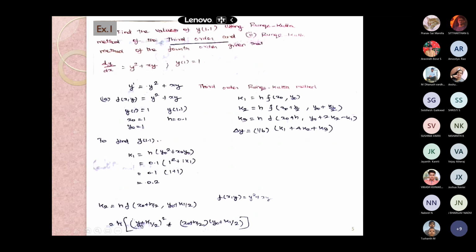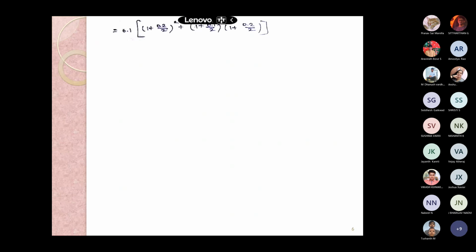Therefore, we get y0 plus K1 by 2, the whole square, plus x comma y, where for x we apply x0 plus h by 2 and y0 plus K1 by 2. Here apply the values of the boundaries and find the result of K2. So I am applying the values: 0.2 by 2 plus 1, plus 0.1 by 2 plus 1 plus 0.2 by 2. See, this is the result of K2.